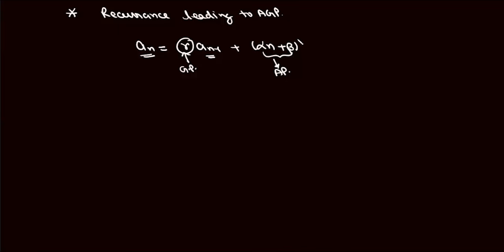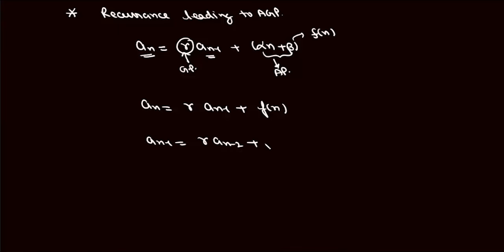So what we'll do is we'll write this alpha n plus beta as some fn. So we can write an as r an minus 1 plus fn. Now we can write an minus 1 as r an minus 2 plus fn minus 1, and we can substitute this an minus 1 here.